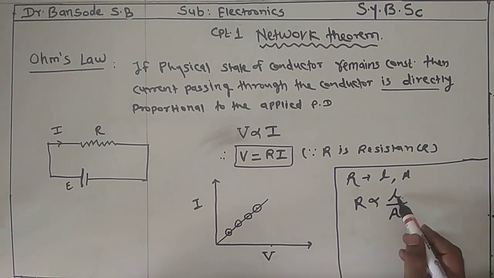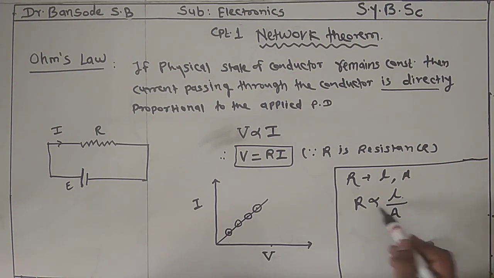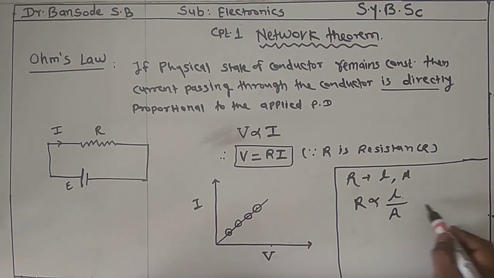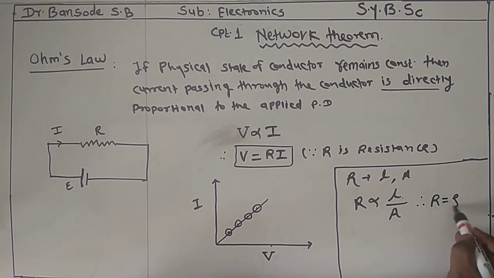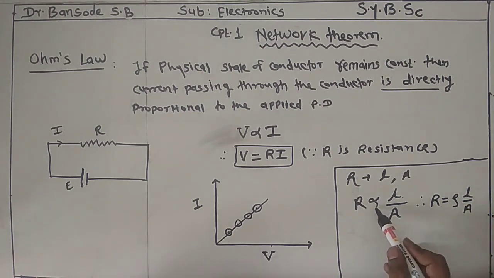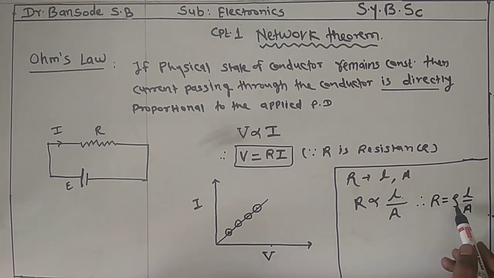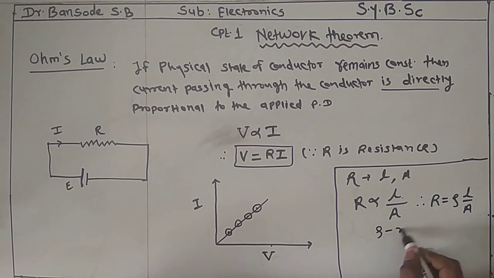So this is the relation: L directly proportional, A inversely proportional. From this we can write R is equal to rho L by A, where this rho is a proportionality constant. If we remove the sign of proportionality, at that time we have to take some proportionality constant. So this rho is the proportionality constant, also called resistivity.